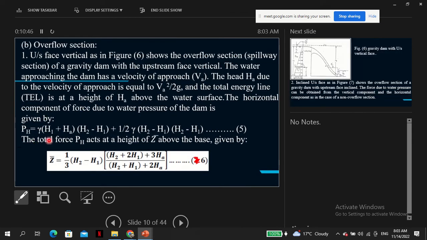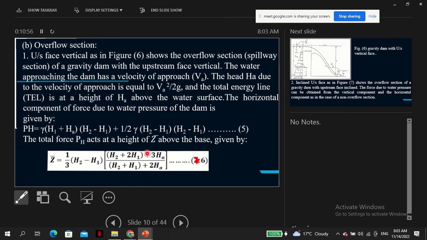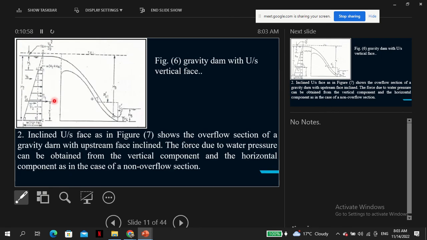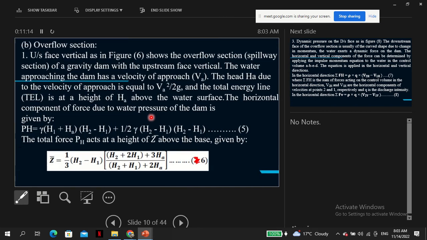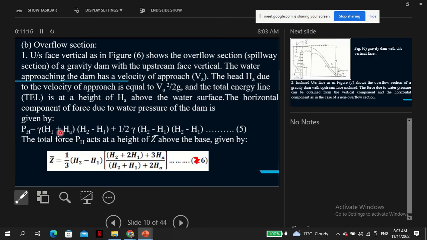So you add HA plus H1, but also note that because you are concerned with the height above the gravity dam, it's H2 minus H1. And the rest is just multiplied by the density of the water.